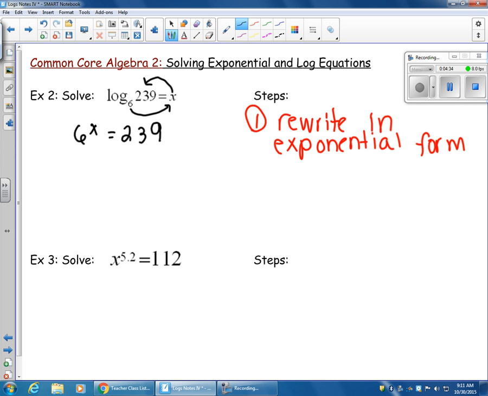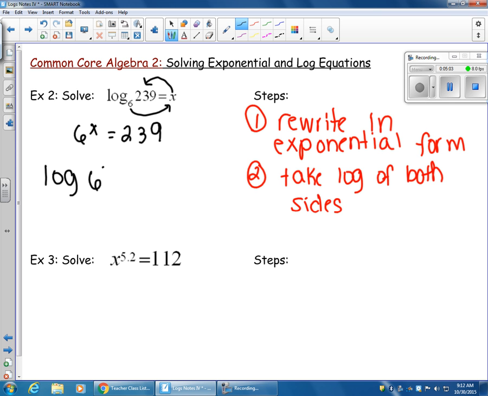Now we're going to take the log of both sides. And the reason why we had it in log and then not and then again is because we needed the log of both sides in order to get it in a form that we can solve algebraically. So now you're going to take log of both sides. Use your rule again to simplify and use that power rule to bring the x out in front.